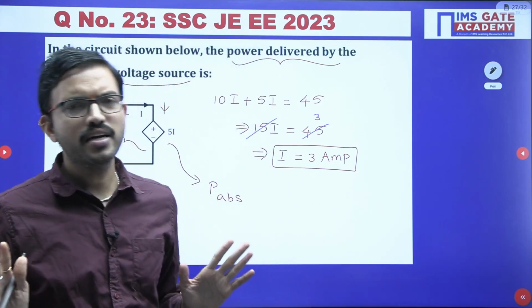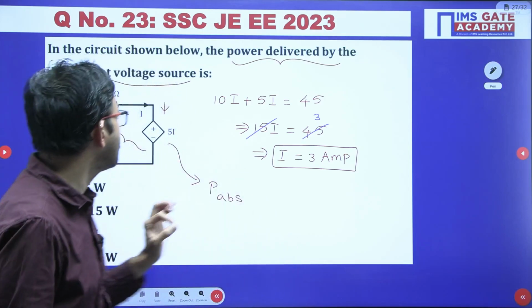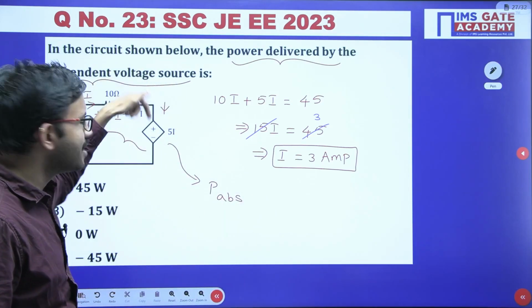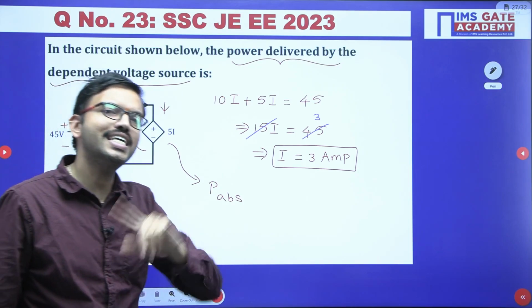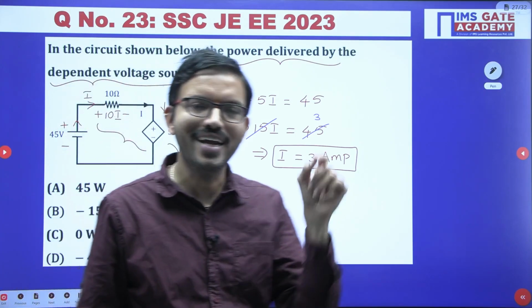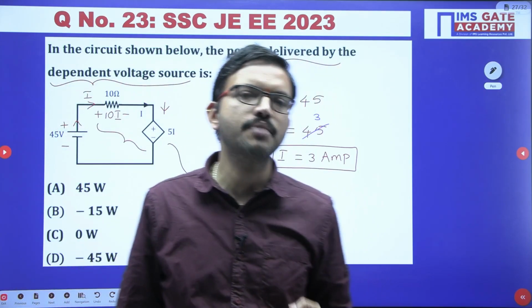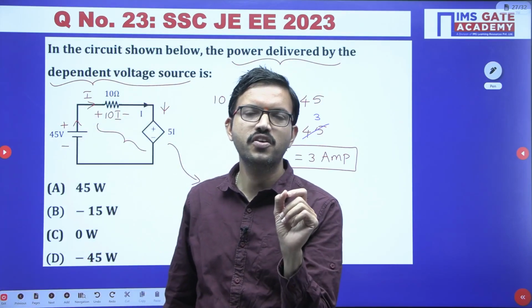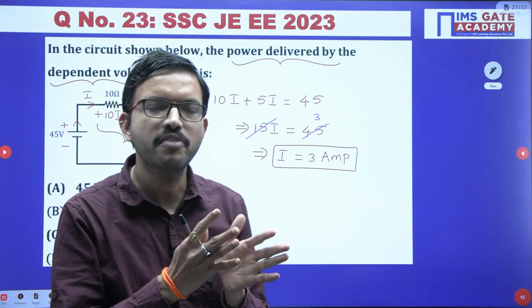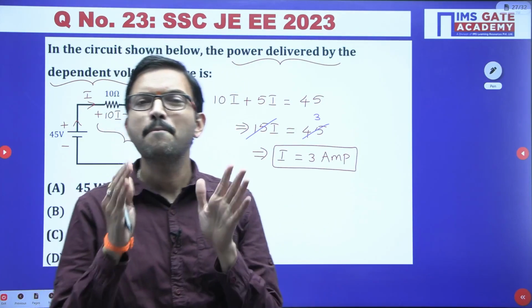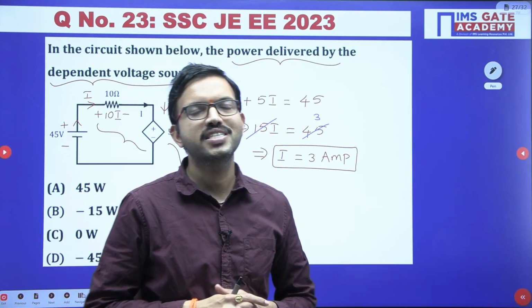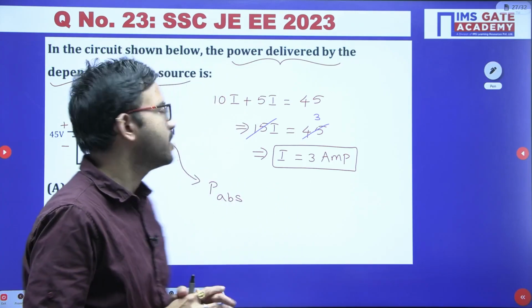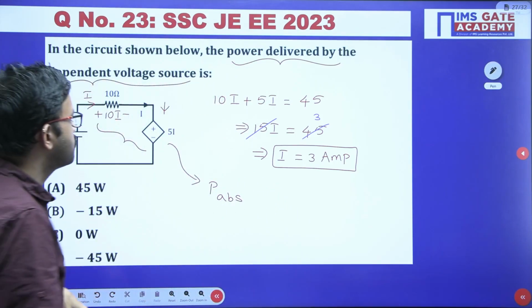No need to memorize any formula. Just observe whether current enters at the positive terminal or leaves from the positive terminal. If current enters at the positive terminal, it is definitely absorbing the power, even though the word source is mentioned, because sources can deliver or absorb power based on the other network elements present in the circuit. That is most important.